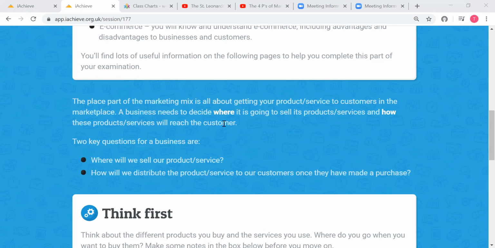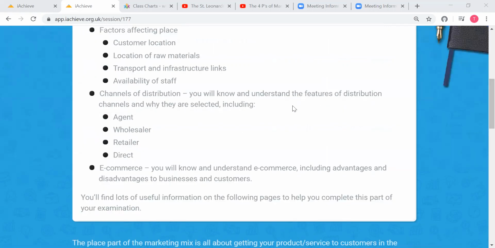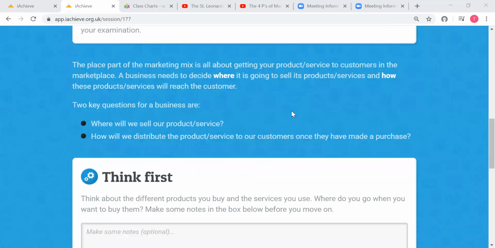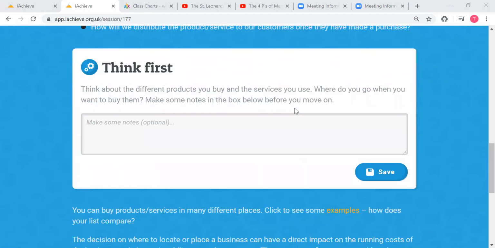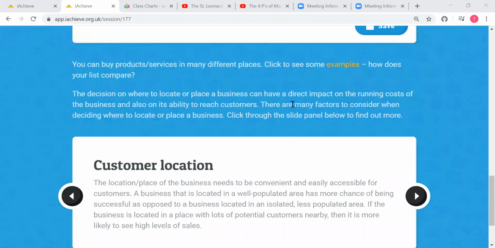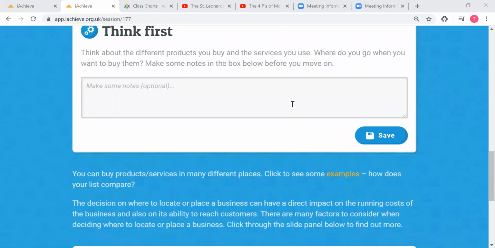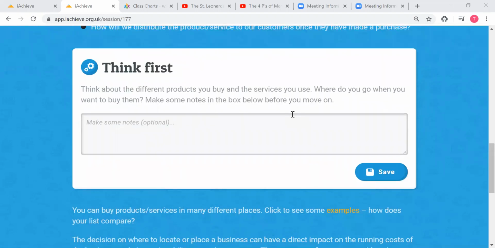So again, we are looking at the second of the four Ps, which is place. Where do you locate your business to be most effective? What I want you to do for a moment, and if you want to do this in iAchieve directly, you can find this on page 7 of session 2, is think about the different products you buy and the services that you use.